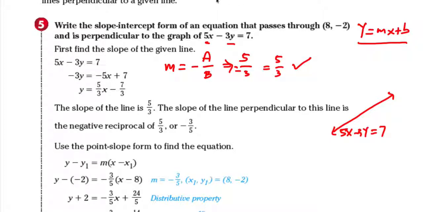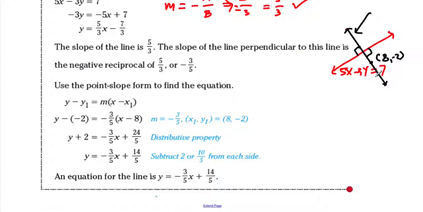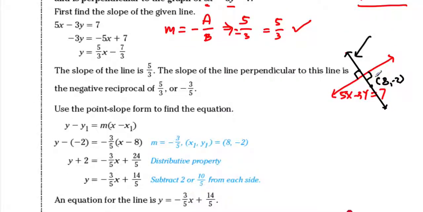The line that will pass through it, something like this, and let's put arrowheads on it, is perpendicular to it and will pass through (8, -2). That line will be y equals negative 3/5 x plus 14 over 5.